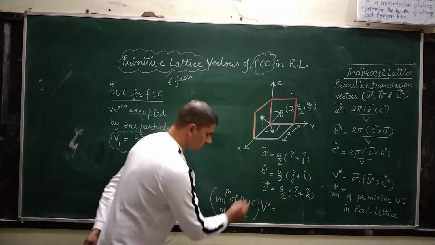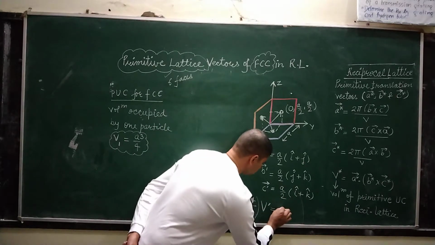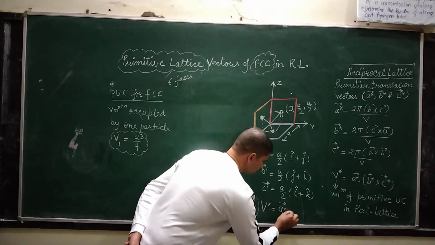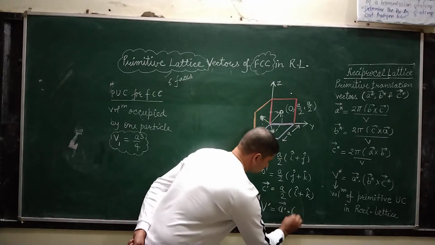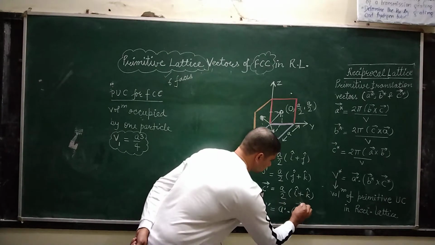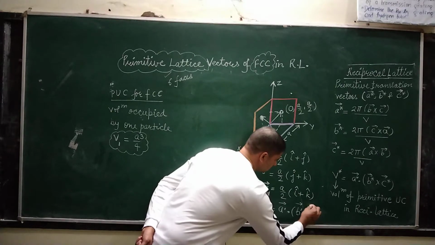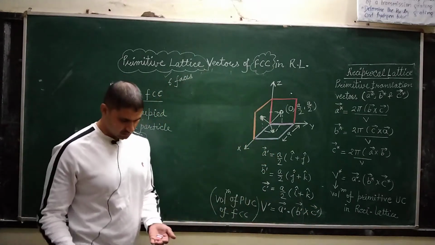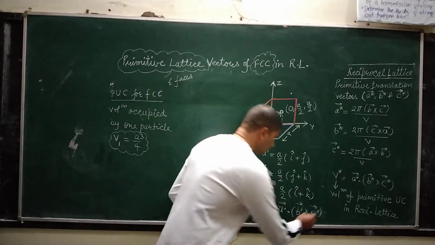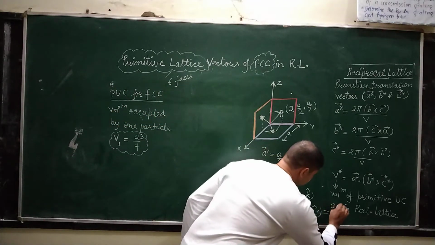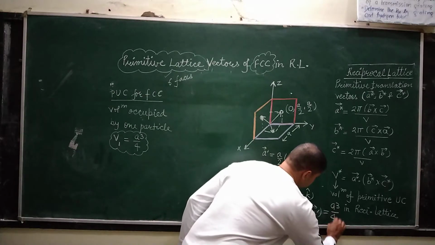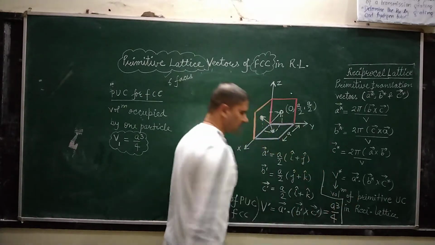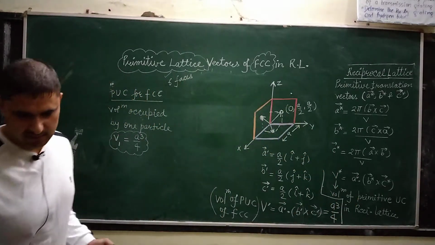This will be A dash dot B dash cross vector C dash. In this way you can find it, and definitely it will be equal to A cube by 4. Okay class, you can do it yourself.